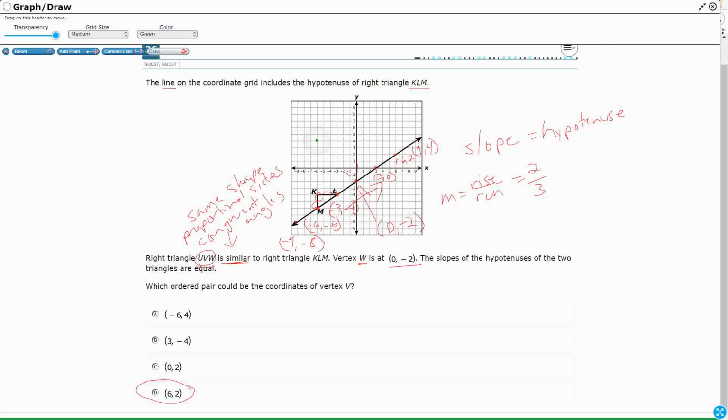So that is not on my slope. 3, -4, also not on the line. And then 0, 2. You notice how these three just aren't even on the line? Right? We're looking for a similar right triangle, which means it's going to need to have the same slope as that line. The only one that's on the line is D, 6, 2.